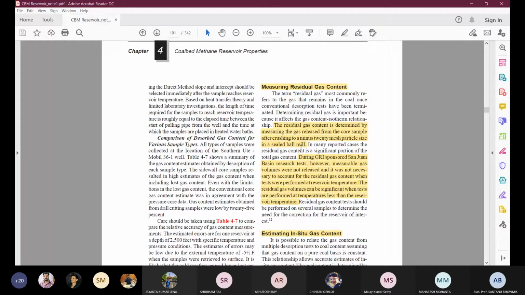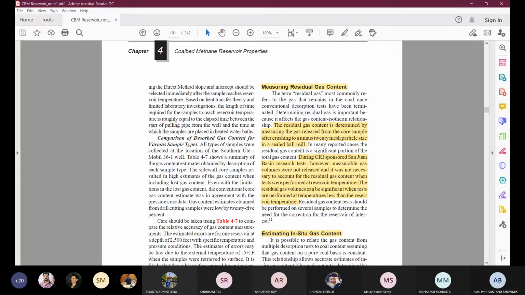Whatever coal size you produce by crushing, at the minus 20 mesh fraction, whatever gases come out, that gas amount will be considered as the residual gas content.